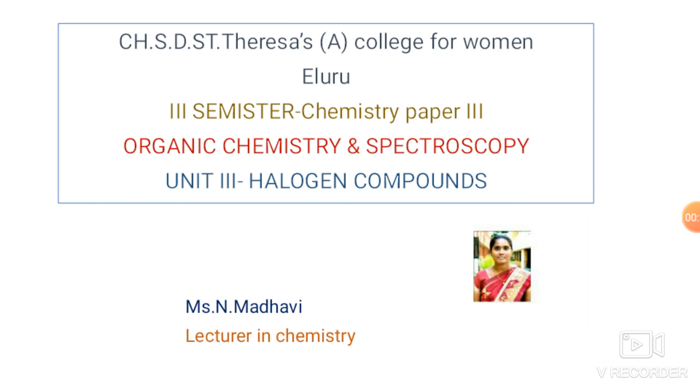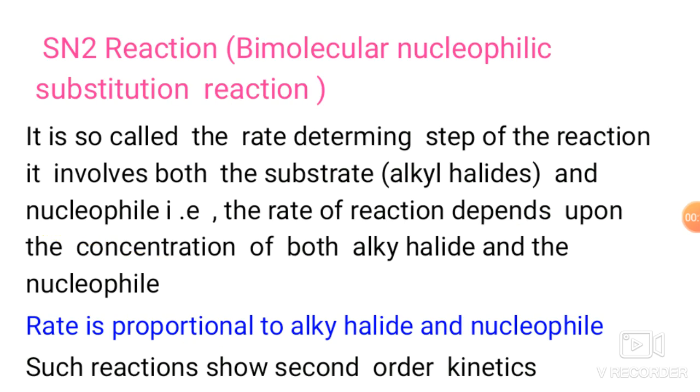Today I would like to explain the second module of halogen compounds. SN2 reaction. 2 means bimolecular, N means nucleophilic, S means substitution reaction. It is also called the rate determining step of the reaction. It involves both the substrate, that is alkyl halides, and nucleophile.